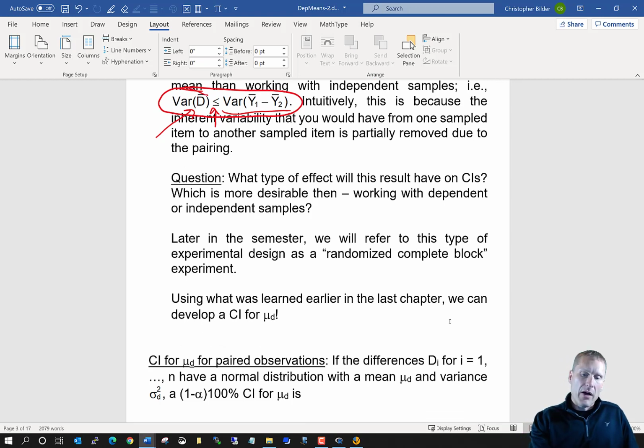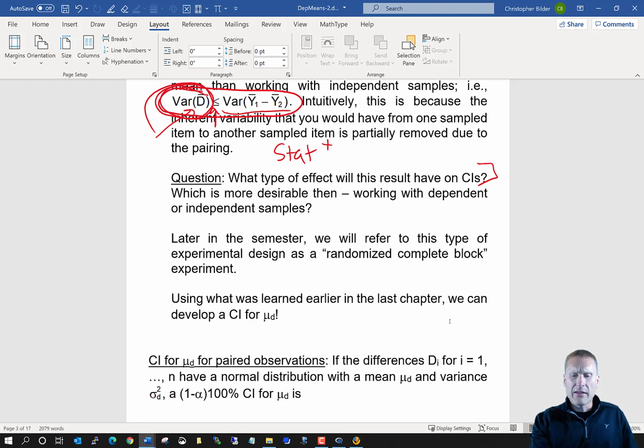And let's think about what having a smaller amount of variability means in terms of inferences. So, what type of effect will this have on confidence intervals? Let's talk about what our confidence interval usually looks like.